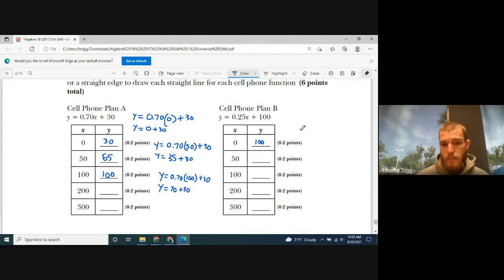So this would be Y equals 0.25 times 50 plus 100. 0.25 times 50 gives you 12.5, plus 100. That'll give you 112.5.